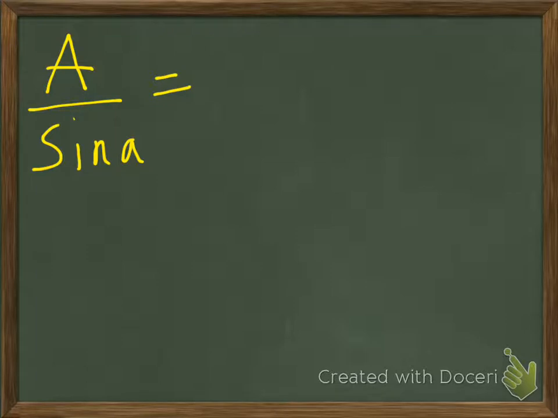So hopefully you remember the diagram, and what we do is a simple law of sines. It's a over sine of A is equal to b over sine of B, but it could be either way. It doesn't really matter because it's just a ratio.